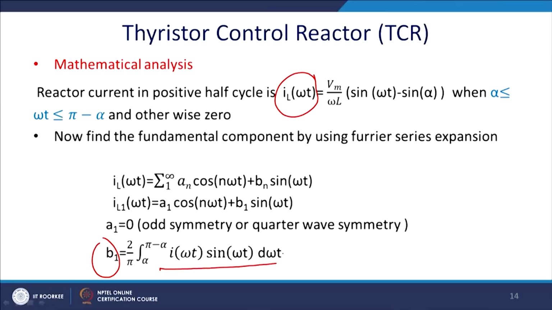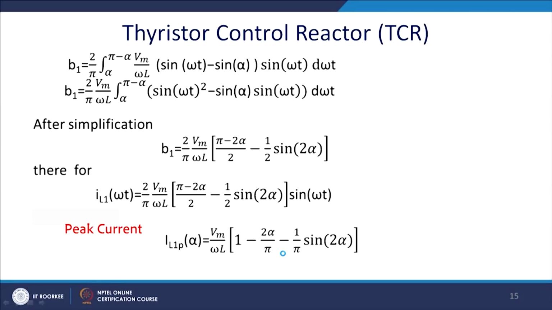From there we can do these calculations and find that B1 is 2 by pi Vm by omega L, that is by XL, times (pi minus 2 alpha by 2 minus half sin alpha).